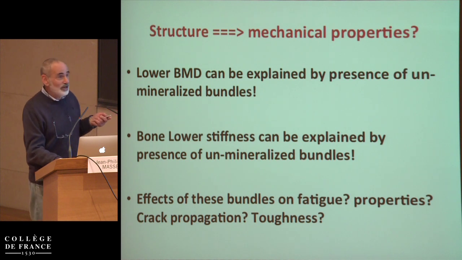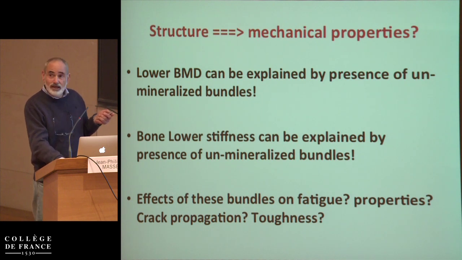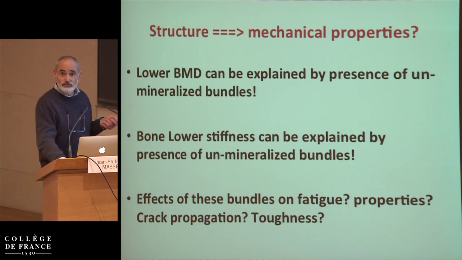Does structure affect mechanical properties? I mean, we've spent the last 2 days hearing that it does, and certainly it does. So can we explain what we see with what we found structurally? The lower bone mineral density can be maybe explained by the unmineralized bundles. So can the lower stiffness, I think. And what would be really interesting and is the part of future studies is the effect of these bundles on fatigue, other properties, crack propagation, toughness.